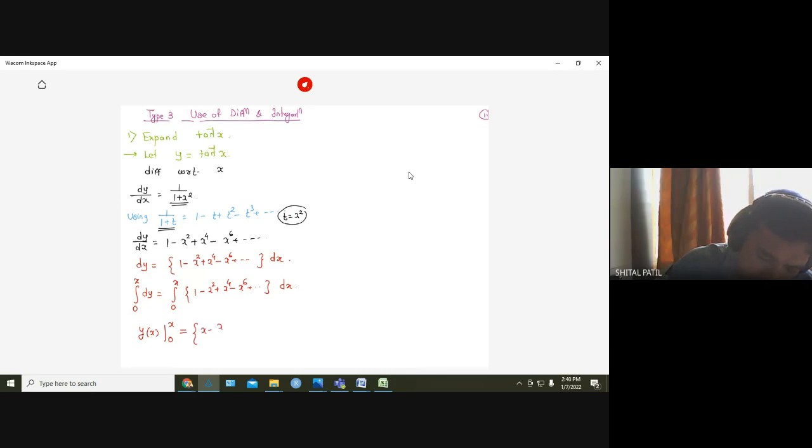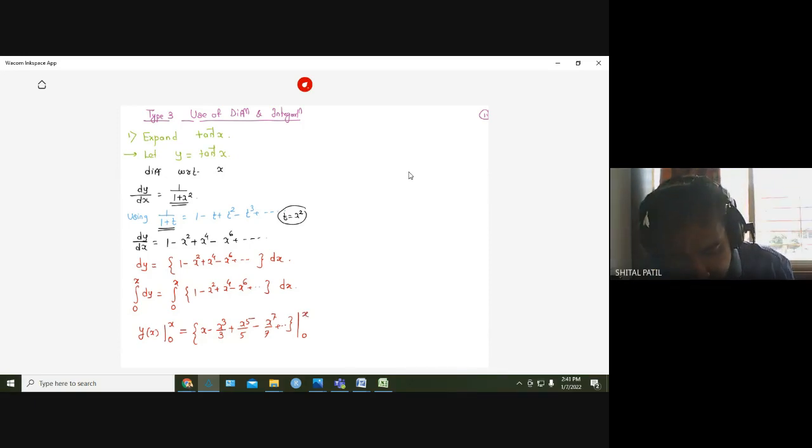Integration of x square is x cube divided by 3, plus x raised to 5 divided by 5 minus x raised to 7 by 7 and so on, and limits are 0 to x. Yes, we can substitute the limits now and see what we are getting.